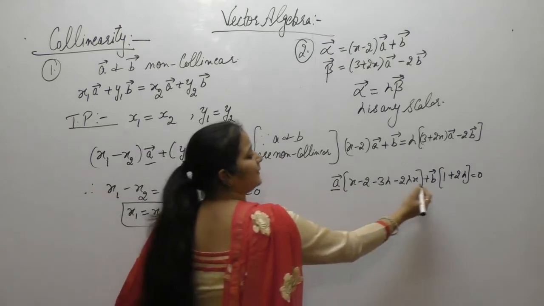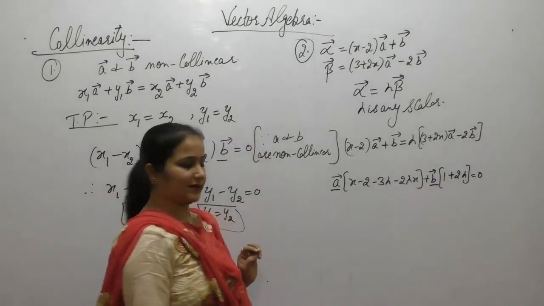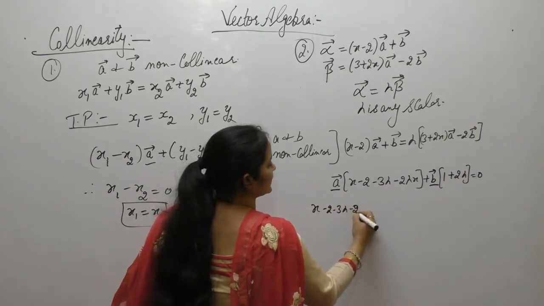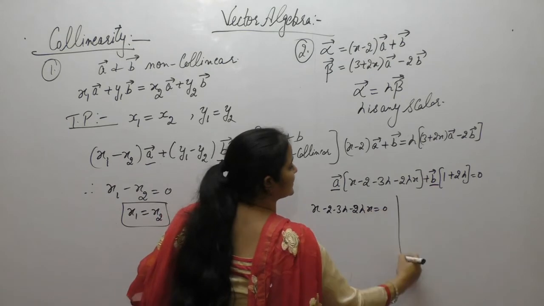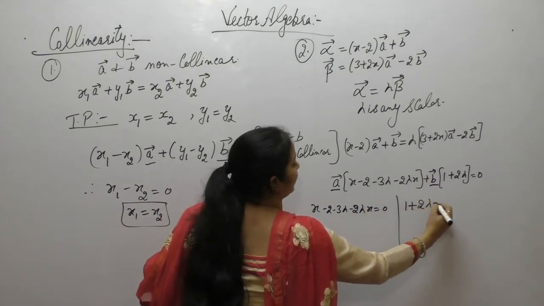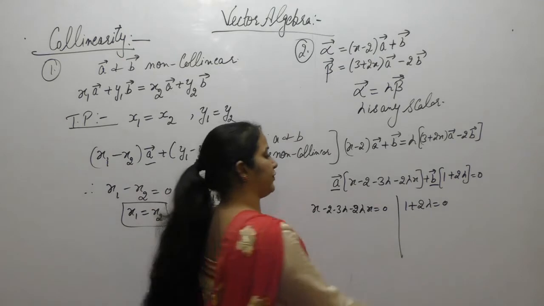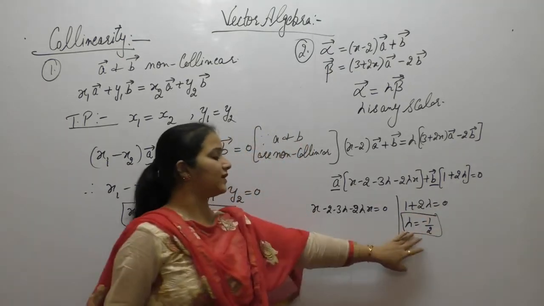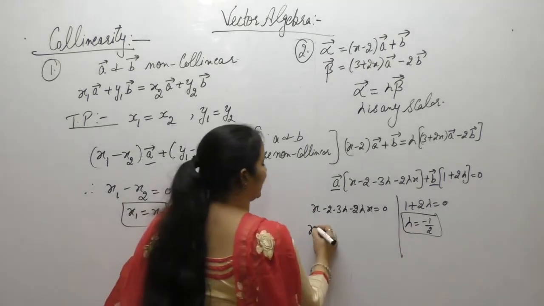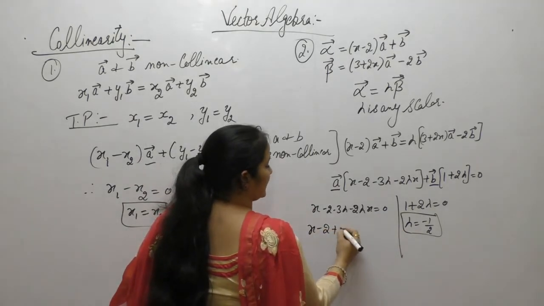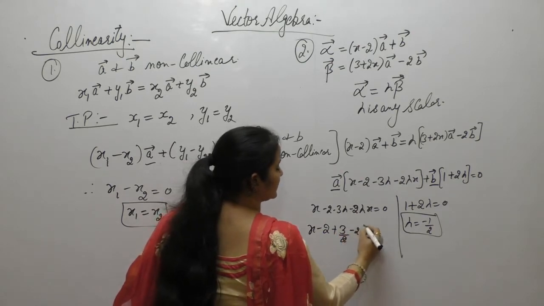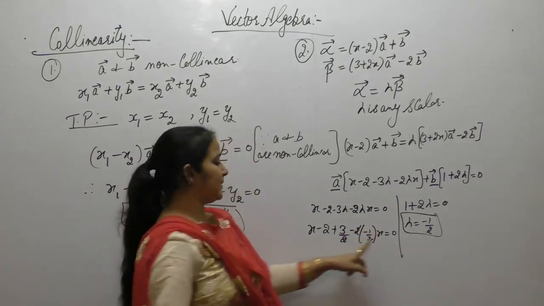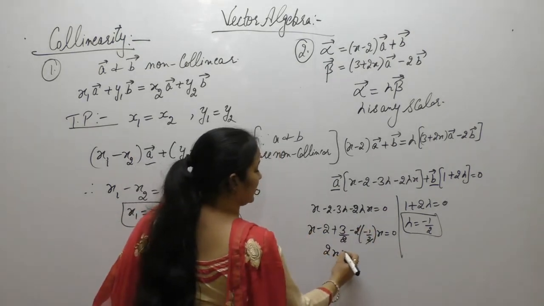Now since A and B vector are non-collinear vectors, therefore x minus 2 minus 3 lambda minus 2 lambda x is 0 and 1 plus 2 lambda is equal to 0. From here lambda is equal to minus 1 by 2. Put this value of lambda here. x minus 2 plus 3 by 2 minus 2 into minus half x, plus x, gives 2x.